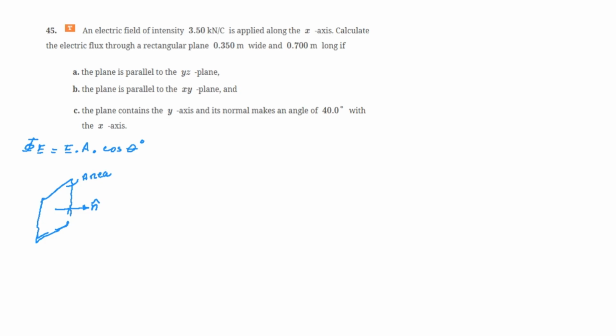And then we have these electric field lines that make some angle with respect to that normal vector. This angle between the normal vector and the electric field is what we call theta. That was what we explained.